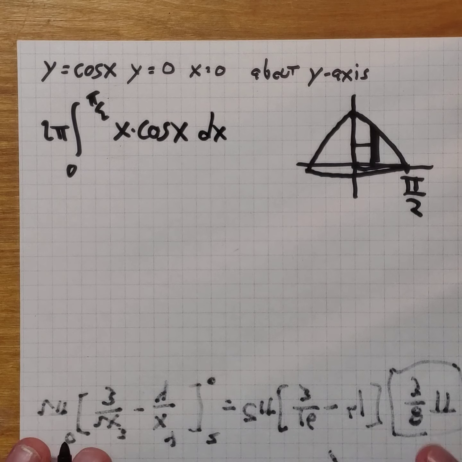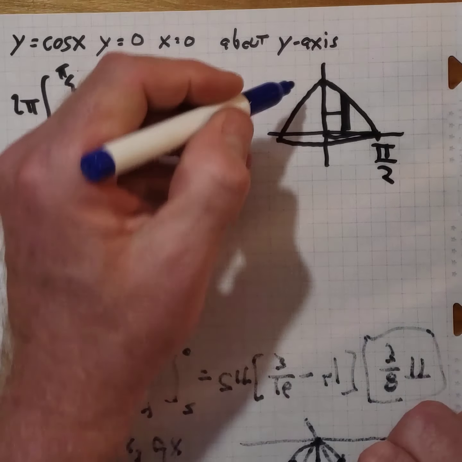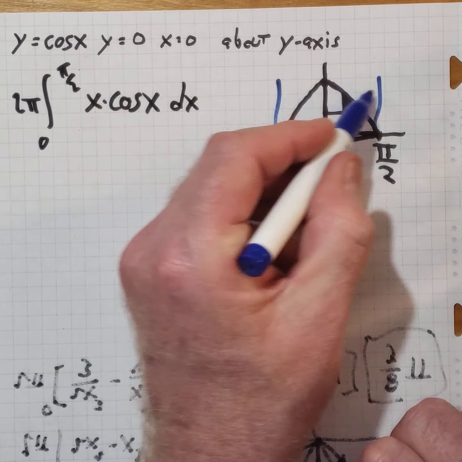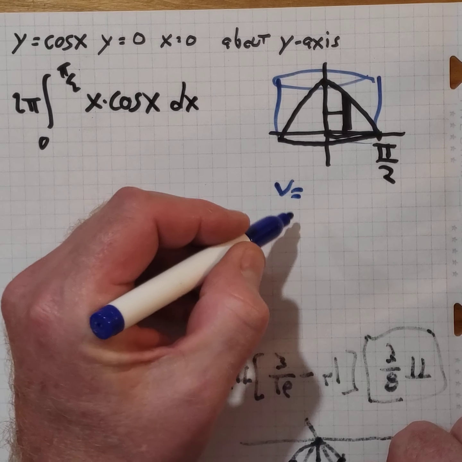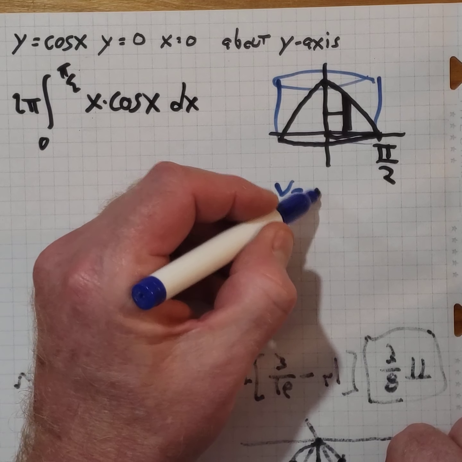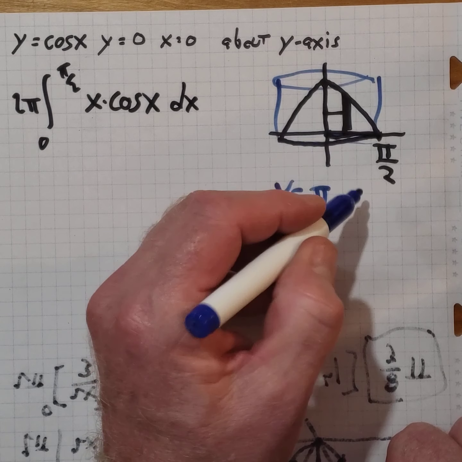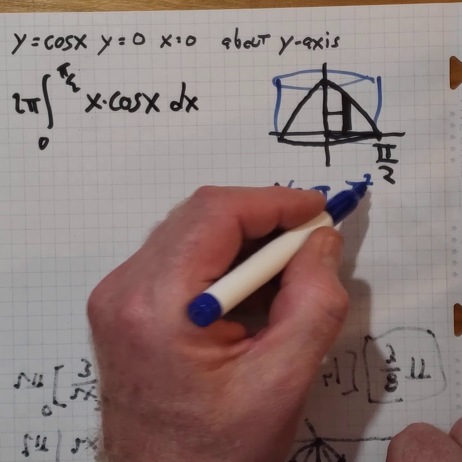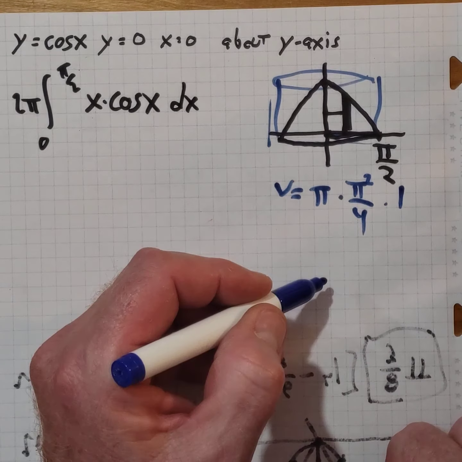Approximation, or a guesstimate here, rather, for the size of this thing. I'm going to go to my alternate color. Say I put a cylindrical box around that. The volume of that box is going to be pi times r squared. Our radius of the box would be pi over 2, so that's pi squared over 4, times the height of the box, which is just 1.